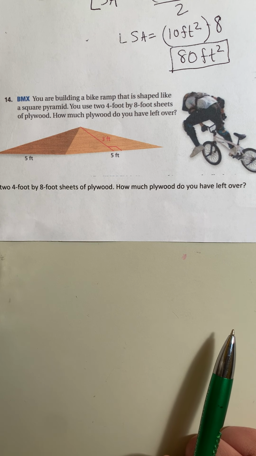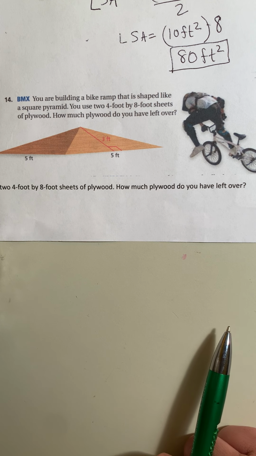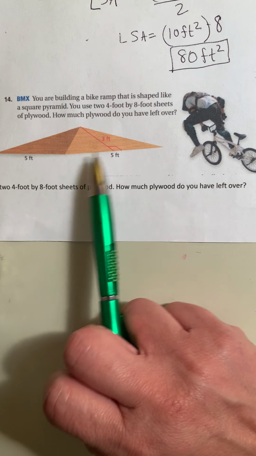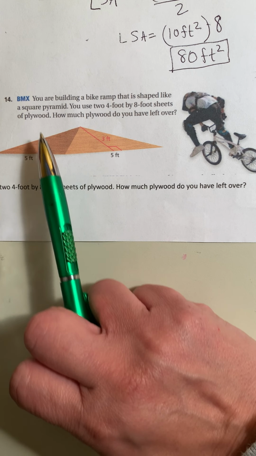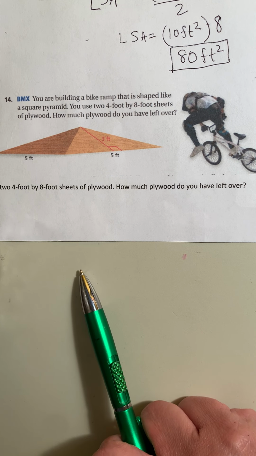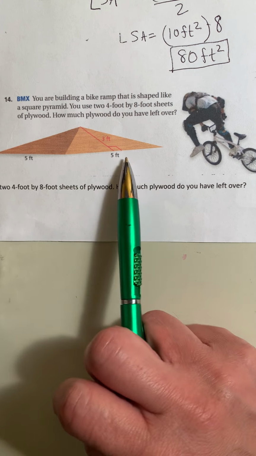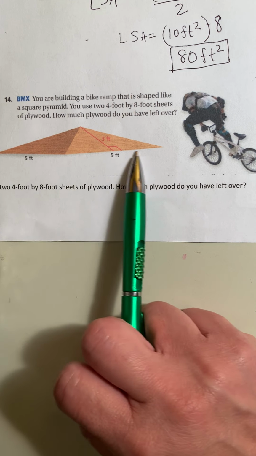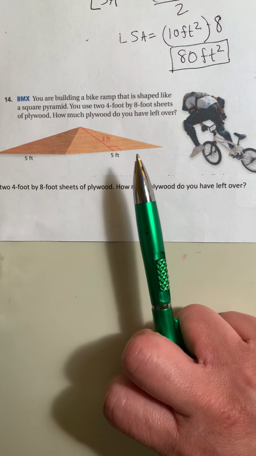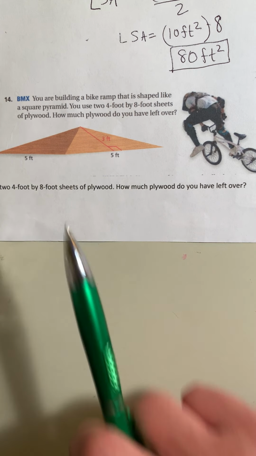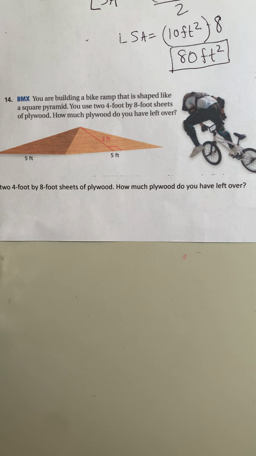So first find how much plywood you're going to need, because you don't need 2. Find the area of each triangle. You don't need a base because you don't need the bottom part. You don't need to put plywood on the bottom. You just need these little triangles there. All right, you can submit that online to me.